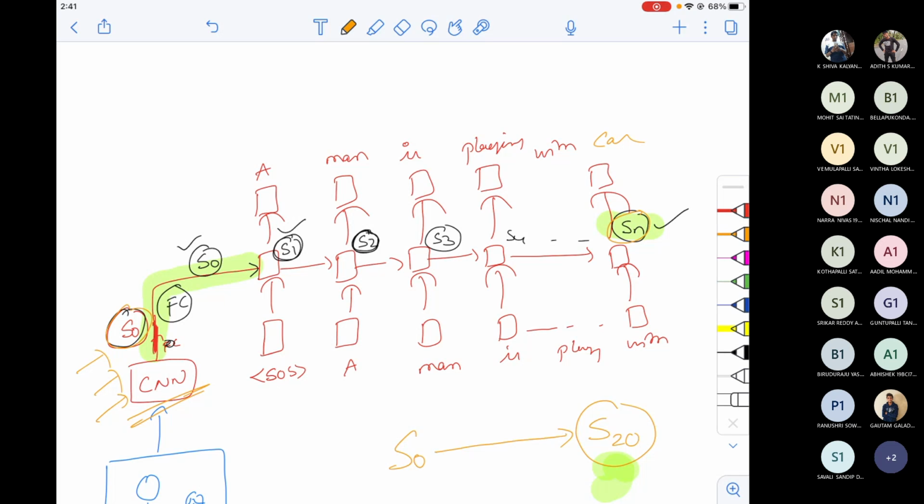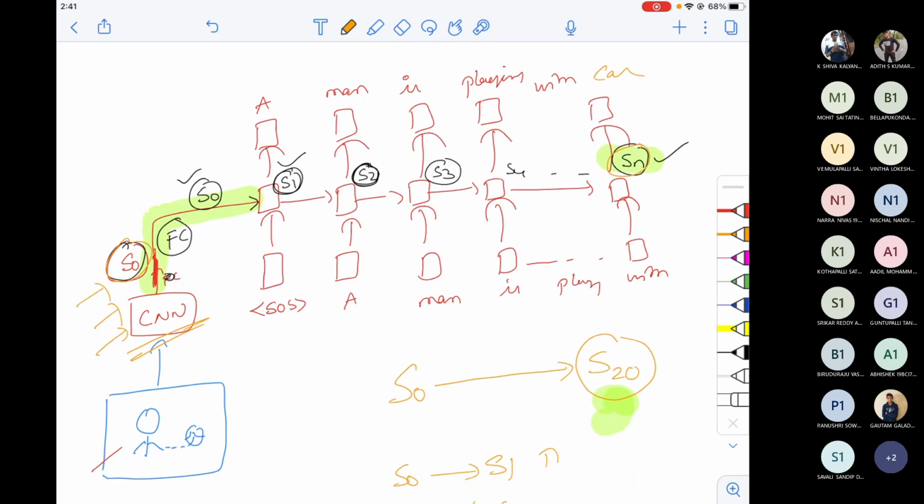I think you can come up with the solution. Any solution now? Any solution, guys? What shall we do? I'll give you the hint. We have done this in one of our CNN architectures, the Microsoft CNN architecture.